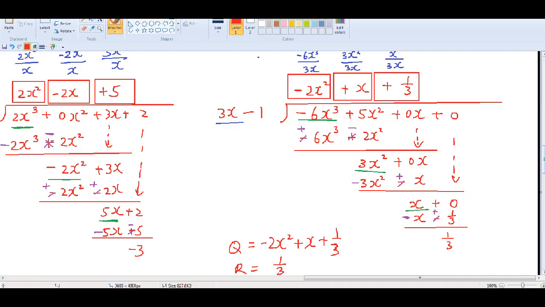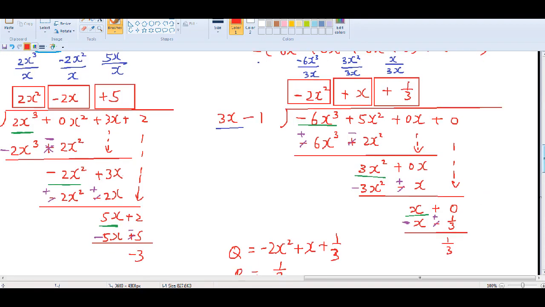Do you see this one? Here is the answer, so check your answer to see if anything is wrong. The special thing for this one is the 2 zeros, 0x and plus 0. You still need to borrow them from above, otherwise there's no room to accommodate the term x and the term 1/3.